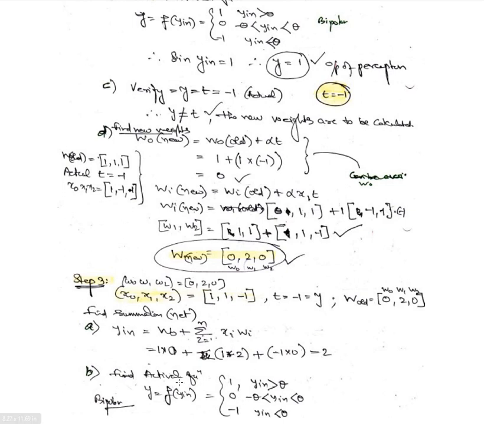Now with the activation function, we check whether y in is greater than theta, less than minus theta, or in between. Here y in is 2, that means greater than theta, so automatically it is going to show 1.